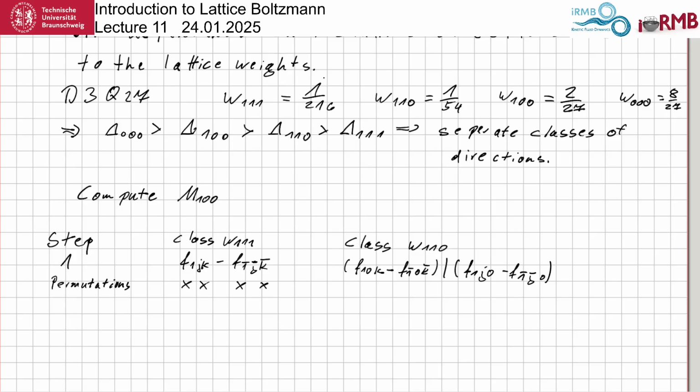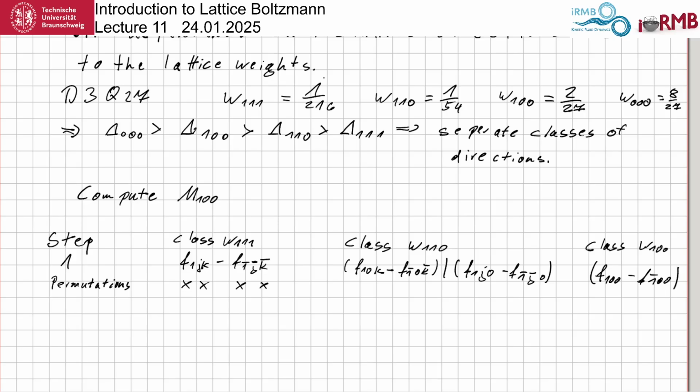So these are the permutations here, and then we have class W100, which is only one of these: F100 minus F minus 100.